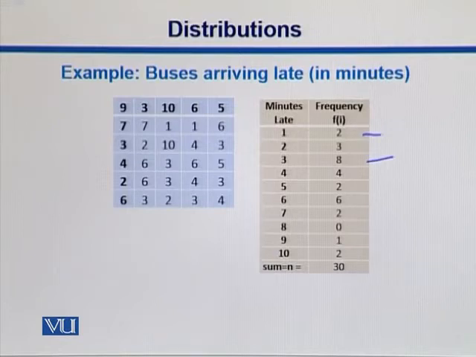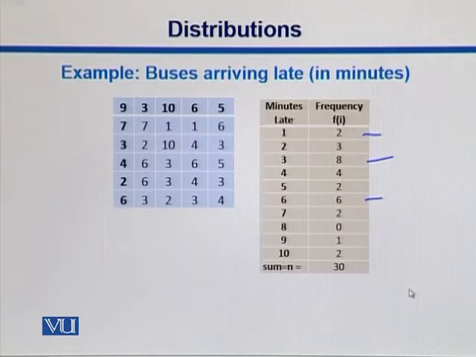If we get these frequency tables, we can have an idea about the distribution. We can see that most of the buses are in this category, about 3 minutes late. Then some of them are 6 minutes late. When we plot these things, we can get an idea about the shape of the distribution.